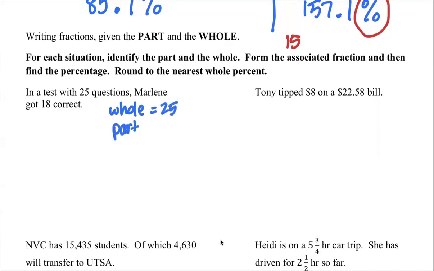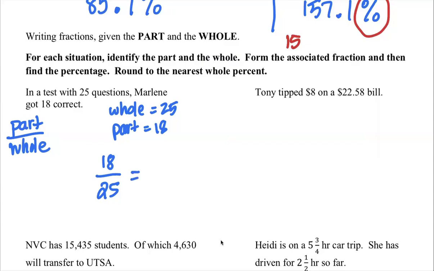So the part would be what she got correct. That's 18. So we've identified the part and the whole and formed the associated fraction. Part to whole is how we want to write this fraction. So 18 out of 25, and then find the percentage.